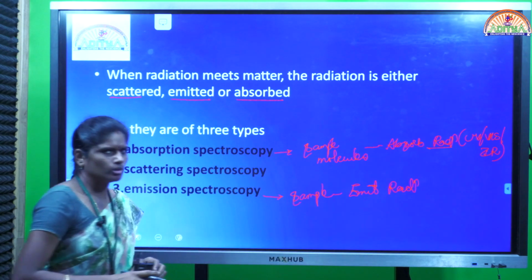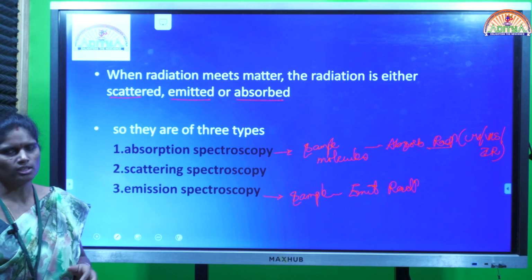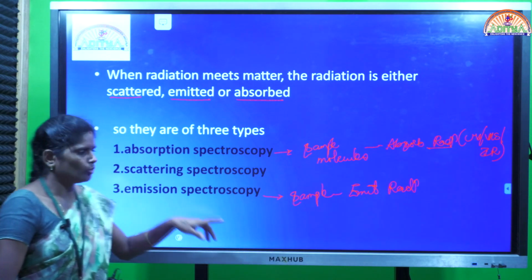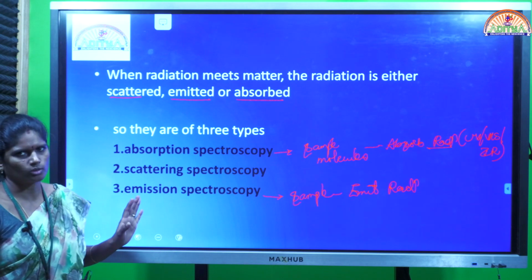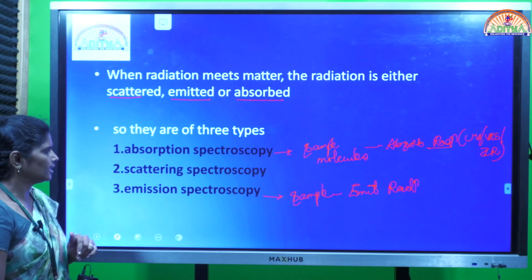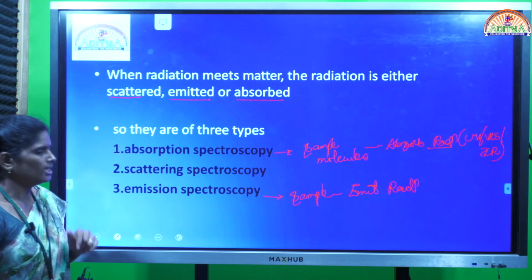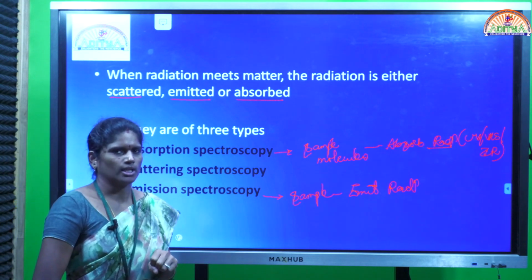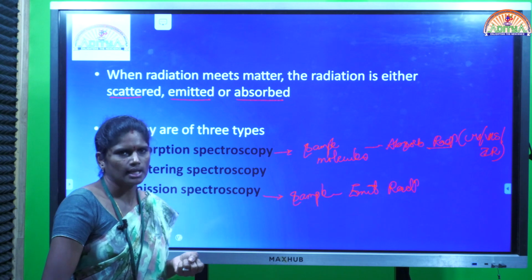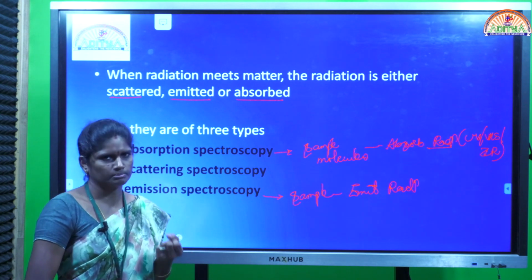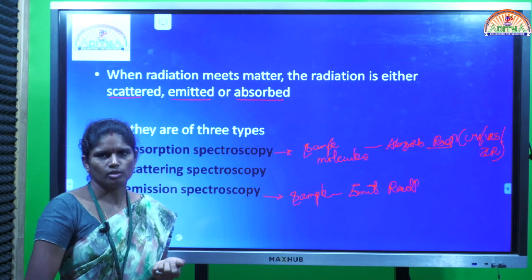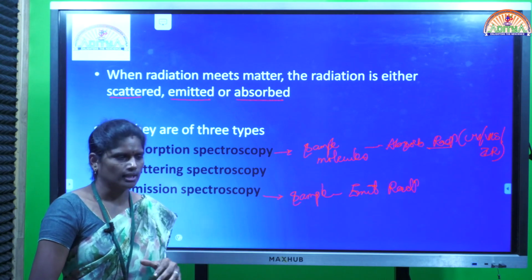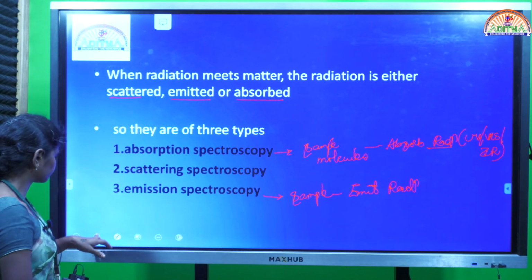When the sample molecules are emitting the radiation, and we are measuring this emitted radiation, we call it emission spectroscopy. And scattering spectroscopy is mainly seen with sample solutions which have particulate matter. When the sample exists in the form of a suspension, the particles of your sample are able to scatter the radiation upon its interaction with the EMR.